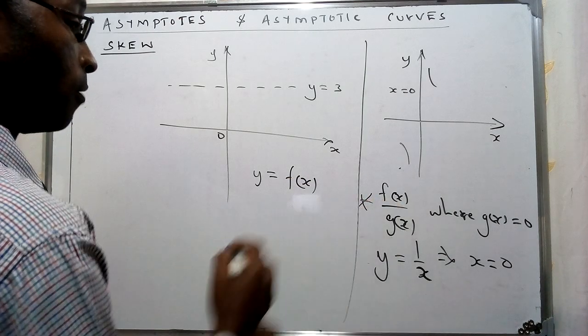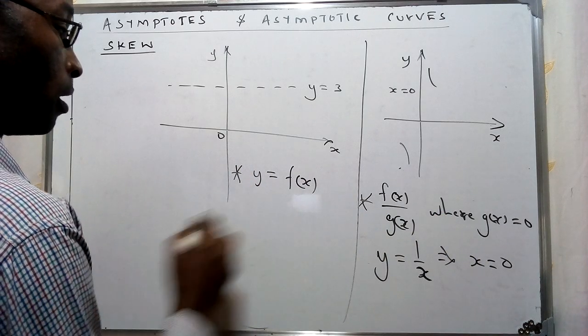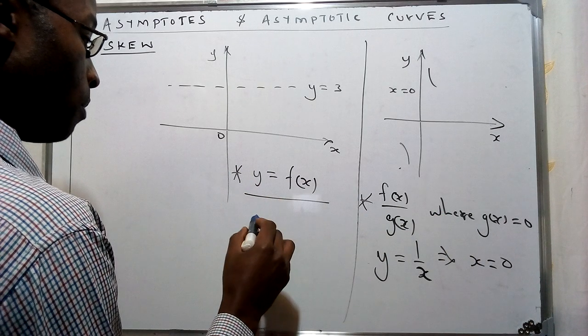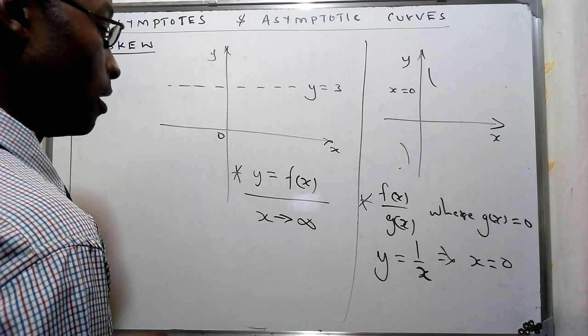Similarly, for this specific function, horizontal asymptotes are going to be defined on this function, whereby we're going to see that the value of x is going to be tending to either positive or negative infinity.